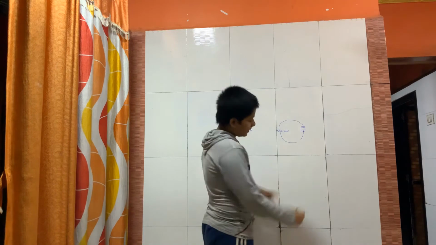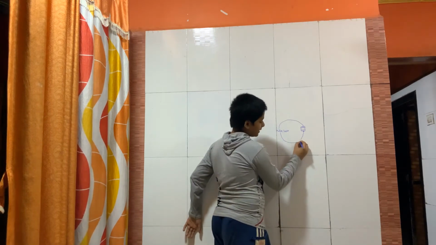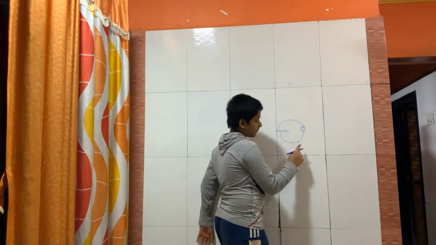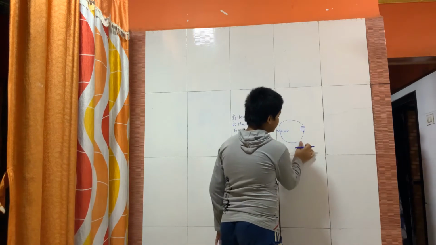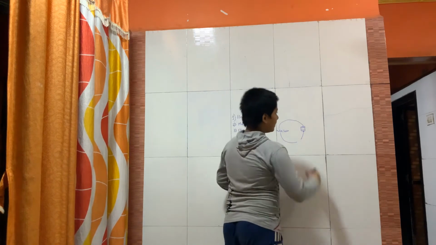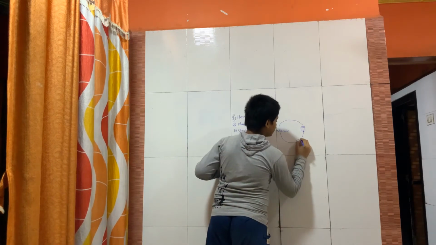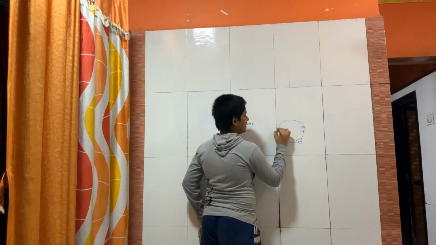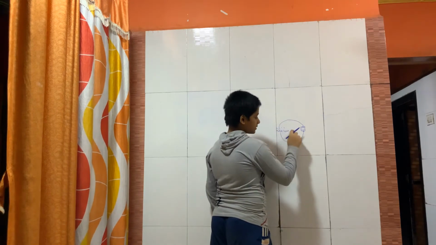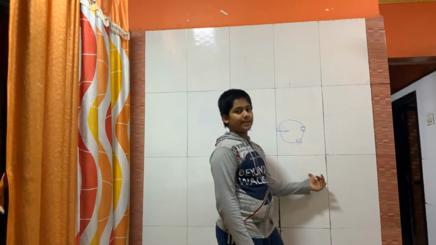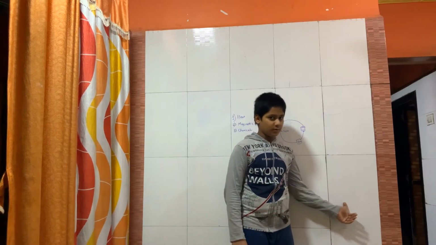Now when I attach them, the bulb will glow. But instead of attaching directly, I will keep a good conductor of electricity, like iron. If I keep iron here, this bulb will glow. If I keep copper here, it will also glow. If I keep aluminium, will it glow?